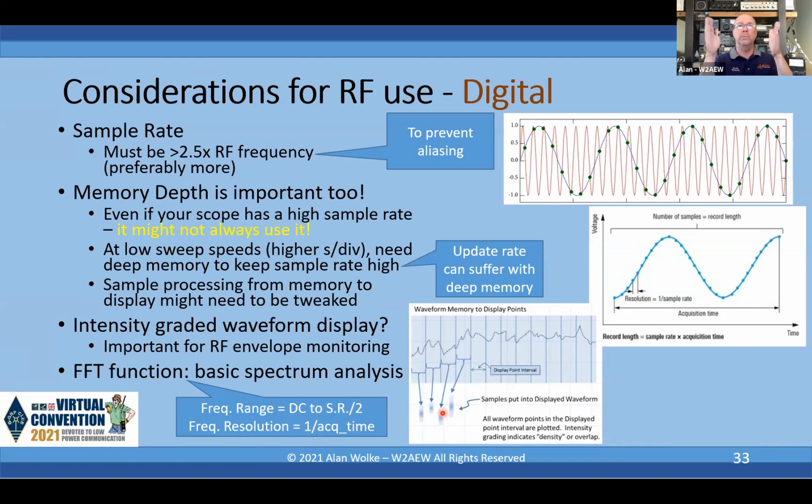If you're set to a millisecond a division, then you'd have a 10 millisecond capture. 1 over that 10 milliseconds is essentially going to be the frequency resolution that you get out of the FFT. So those are your two general rules of thumb. Some scopes will allow you to adjust that scale so you can zoom in on a certain portion of it, but the raw FFT function is going to be controlled by that. That's just the mathematics of it.